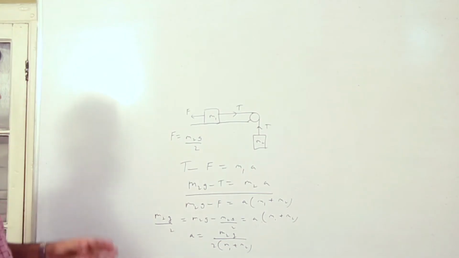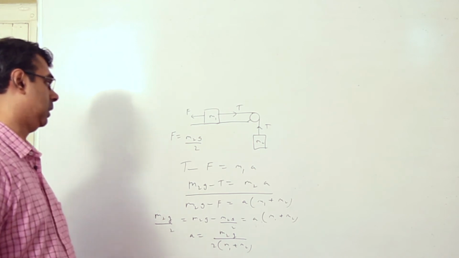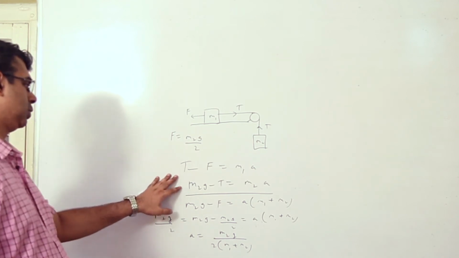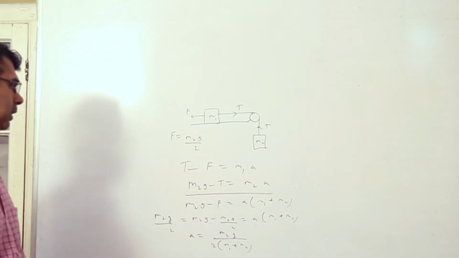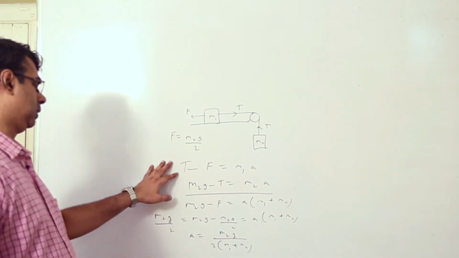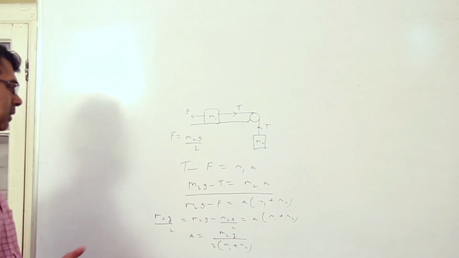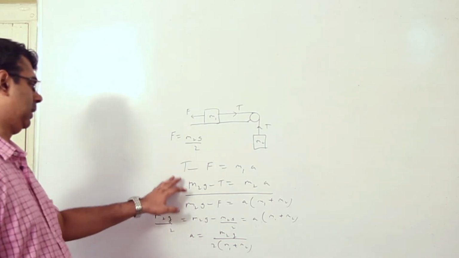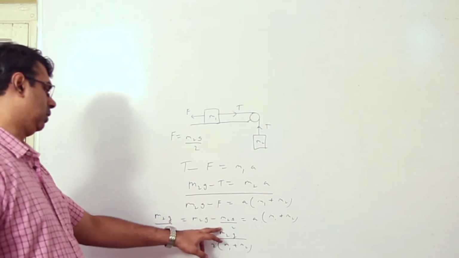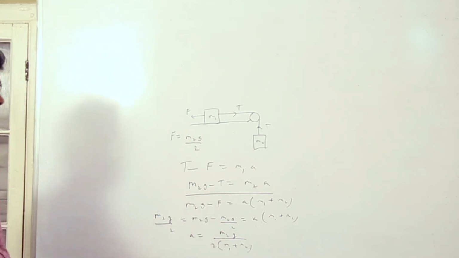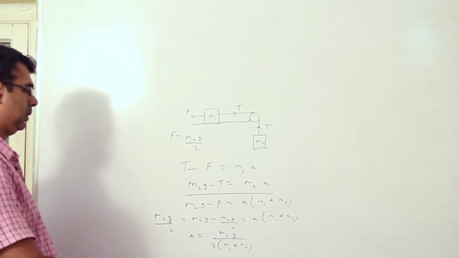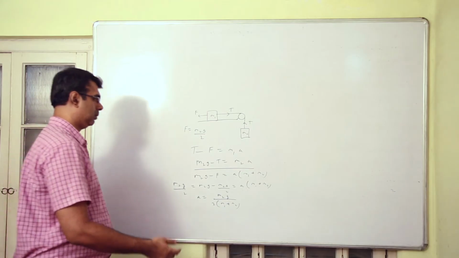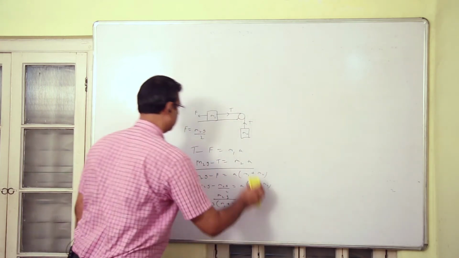So this is the acceleration which is required. So you first write the equations of motion for the two bodies separately, then you add them or subtract them as the requirement is. Here the requirement is acceleration, so it's better to add them. Put the value of F, so the acceleration will be m2g by 2 into (m1 plus m2). So this is an example of a pulley system where one of the bodies is moving in a horizontal manner.